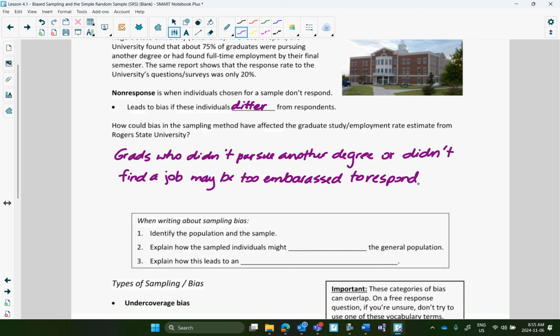Therefore, that leads to an overestimate of the 70% stated. Like I said, sometimes it might be an underestimate.